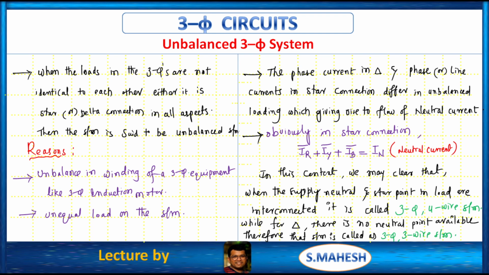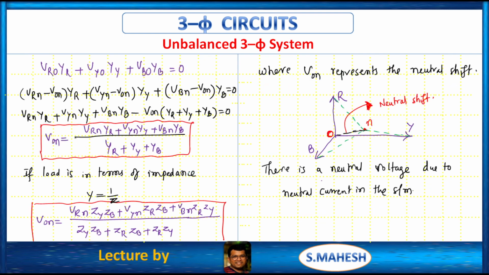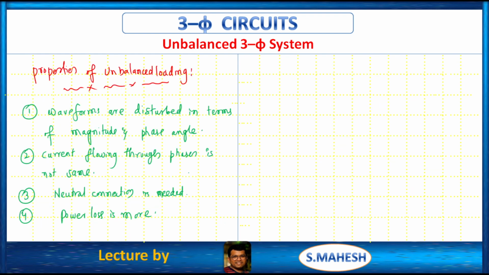That's why we get unbalance in the system. Because of this, there is a neutral current. If we consider a star connection, the system is called a three-phase four-wire system, but we don't have any neutral point in a delta connected system. That's why the delta connected system is always called a three-phase three-wire system. Because of this, there is a neutral voltage, and this is the derivation for that neutral, and this is the representation of neutral shift. That's it.